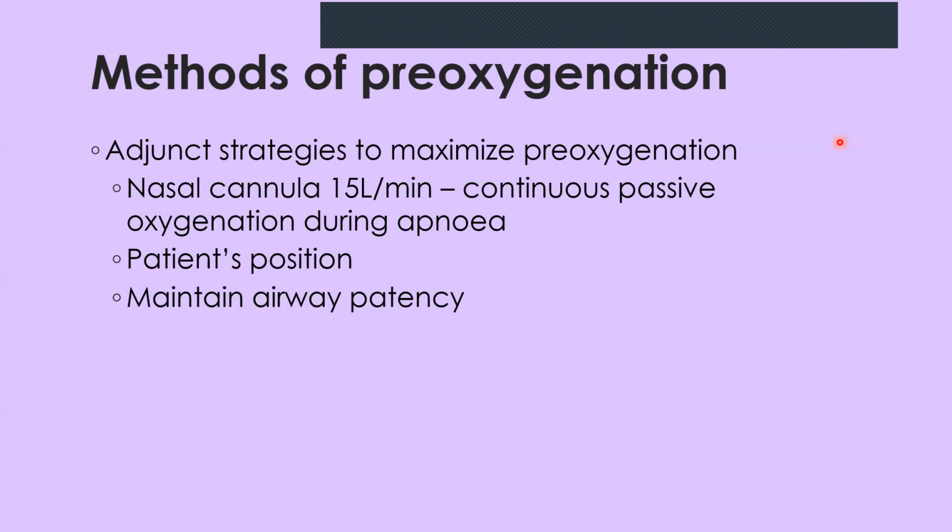So nasal cannula ini dipanggil apneic oxygenation, yang nasal cannula 15 liter per minute tu. Ni on top of your pre-oxygenation tu, whatever oxygenation yang di tengah letak tu kan, BVM ke, NIV ke, you put nasal prong, naikkan ke 15 liter. Tapi jangan letak humidifier tu.